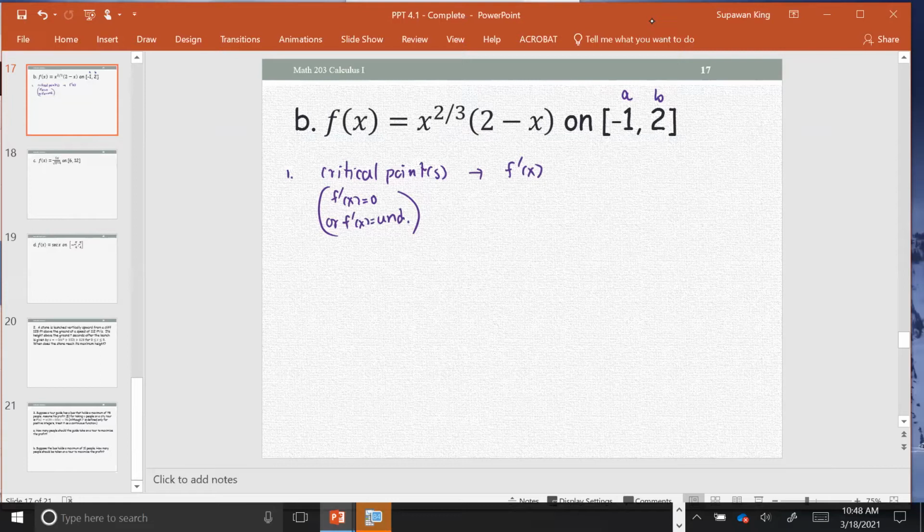You can type in the chat if you prefer, or you can turn on the microphone and talk to me. How would you like to find the derivative of x to the 2/3 multiplied by 2 minus x?